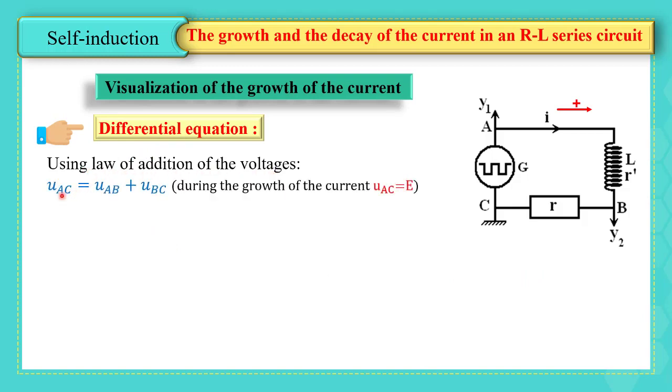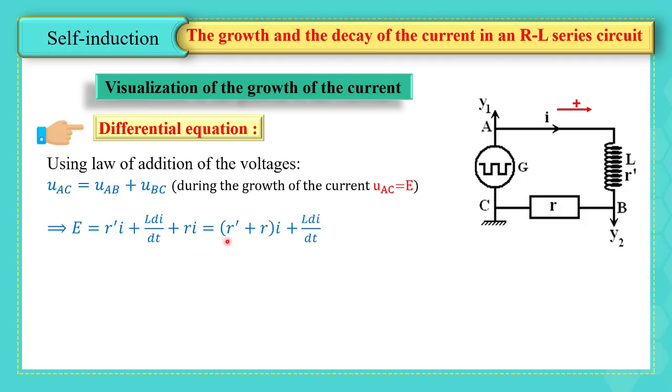Now, in order to obtain the differential equation, we will use the law of addition of voltages. As we know, UAC equals UAB, which is the voltage across the coil, plus UBC, which is the voltage across the resistor. Now note, during the growth of the current, the voltage across the generator UAC is equal to E. So E equals R prime i plus L di over dt, which is the voltage across the coil, plus Ri, which is the voltage across the resistor according to Ohm's law.